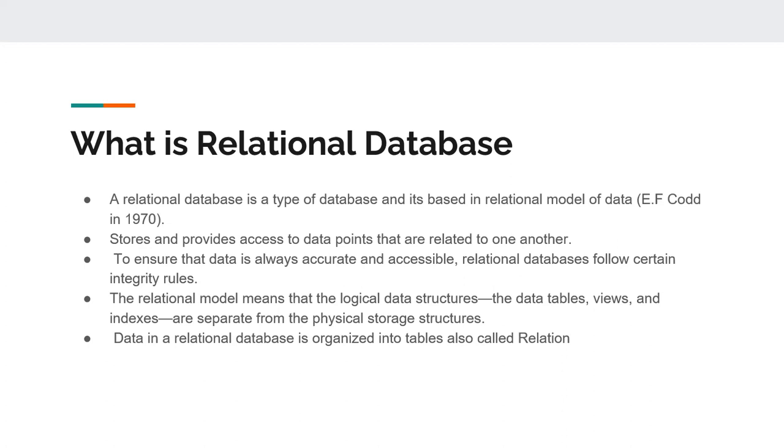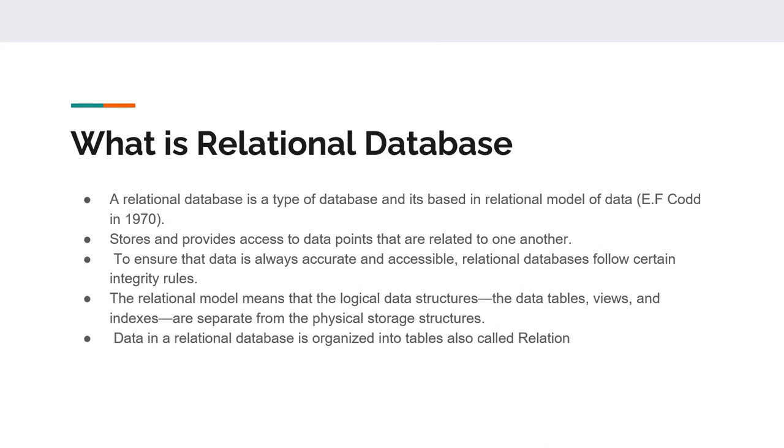Relational model means that the logical data structures, for example the database tables, the views, and indexes, are separate from the physical storage structures. Now, in a database, you have objects. There are some logical objects, like the views, the indexes, the data tables.